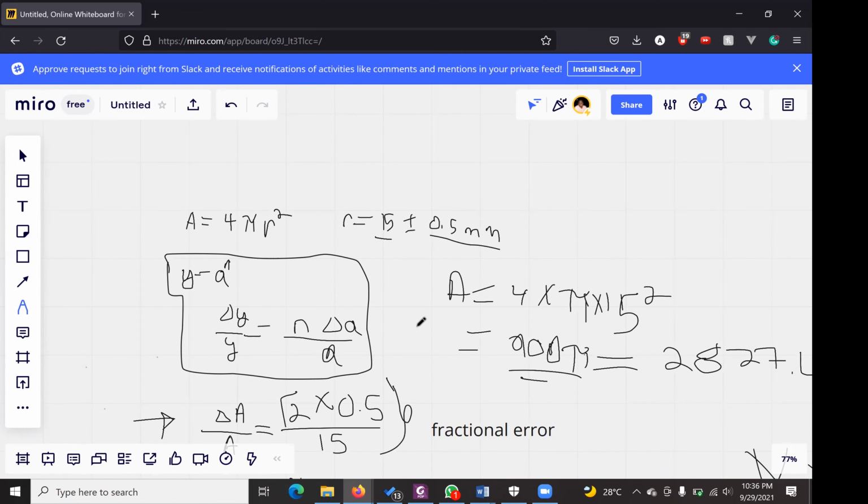What do I now get? Don't overthink it. Delta y over y equals that little mess right there. If we multiply what we have on the right-hand side by 100, what are we forming?